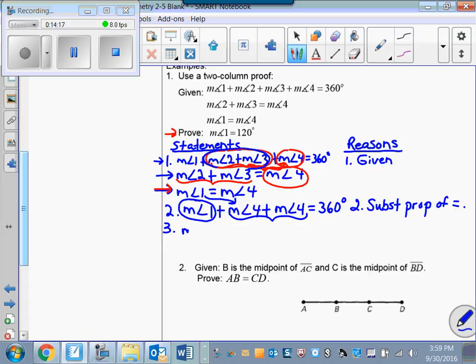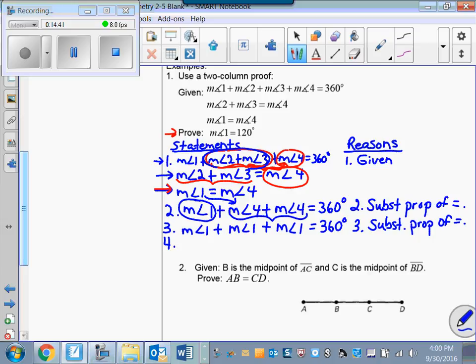So what that's going to do for me is say I've got the measure of angle 1 plus the measure of angle 1 plus the measure of angle 1 equals 360 degrees. And that's also the substitution. All I did is substitute. Substitution property of equality.